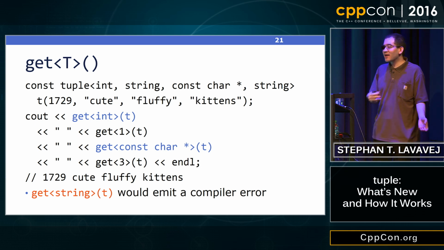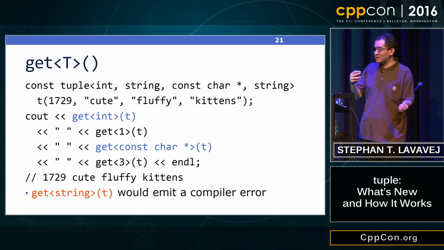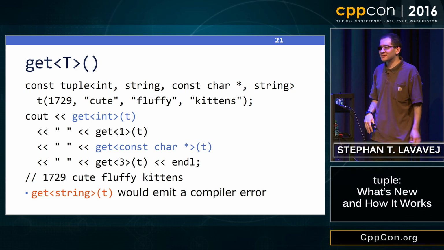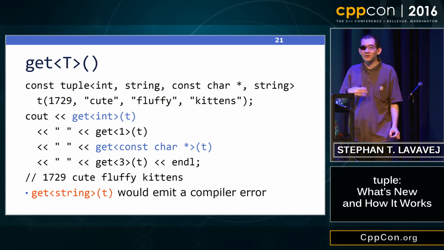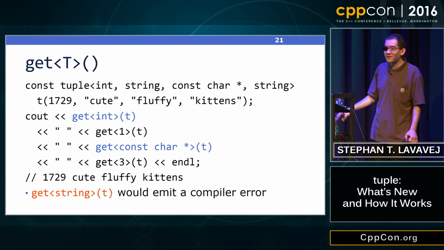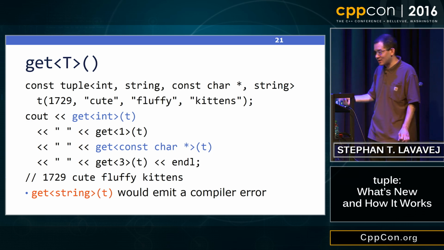Well, in that case, saying get string would be ambiguous. Like, which one do you want? The one at position 1 or the one at position 3? And wisely, the standard library says, oh, if there's duplicates, trying to use get by type for that specific type will be a compiler error. It's okay, and as the example shows, to get int when there are duplicate strings. That's totally fine. It's just you can't say get string. It's sort of enforced at the time you mention the type.